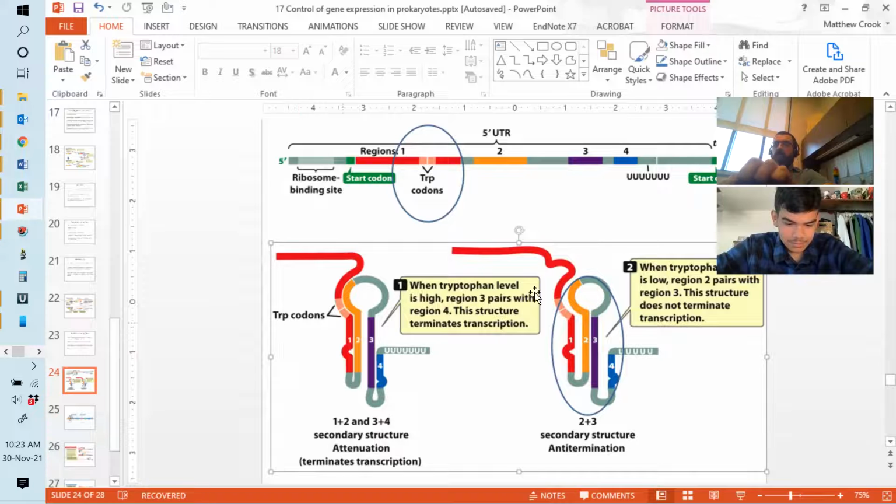How do we basically choose between these two possibilities? Does it depend on whether region 2 is available? It does, 100%. What determines whether or not region 2 is available?